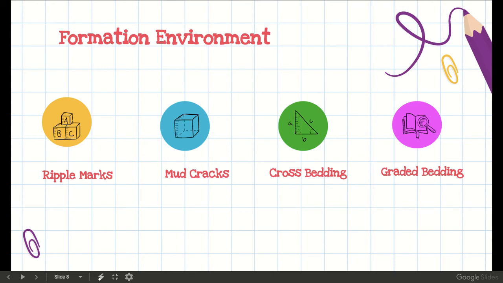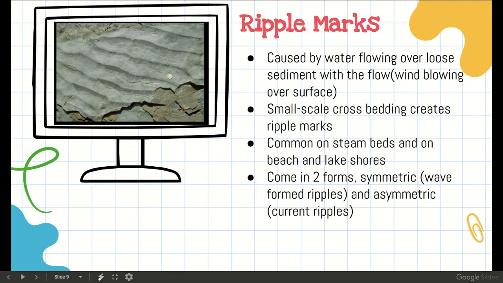We also have some formation environments. We can see some features that often get trapped or frozen in time in sedimentary rocks, and that tells us where they formed, which is helpful to piece together the history of a place. Ripple marks, mud cracks, cross bedding, and graded bedding. Here's what they tell us. Ripple marks are caused by water flowing over loose sediment.